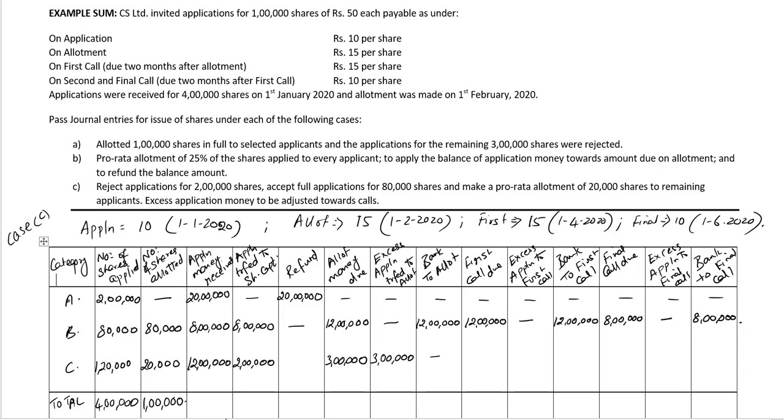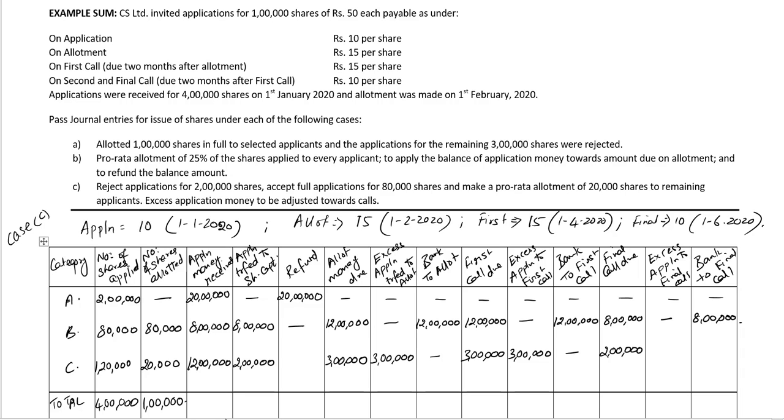First call money due 20,000 multiplied by 15, 3 lakh rupees. Now we have 7 lakh of excess application money subject to 3 lakh because that is the first call money due and bank to first call is nil. Final call money due 20,000 shares allotted multiplied by 10 rupees per share, 2 lakh rupees.